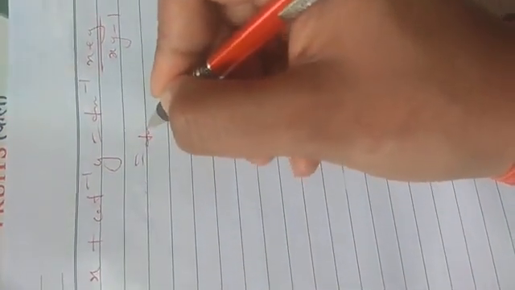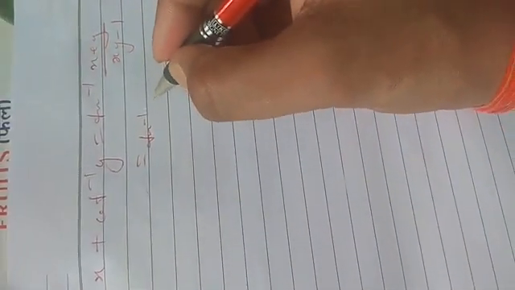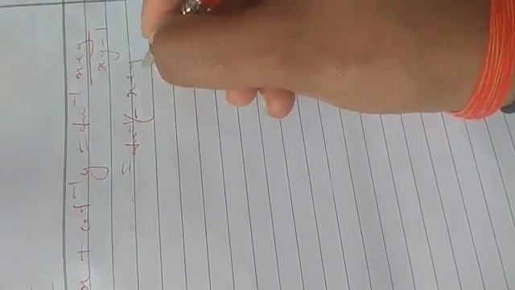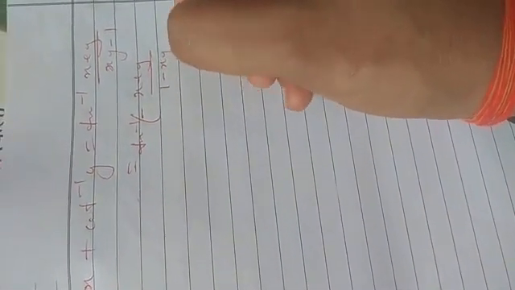Now this can be written as tan inverse, taking minus common, of (x plus y) upon (1 minus xy).